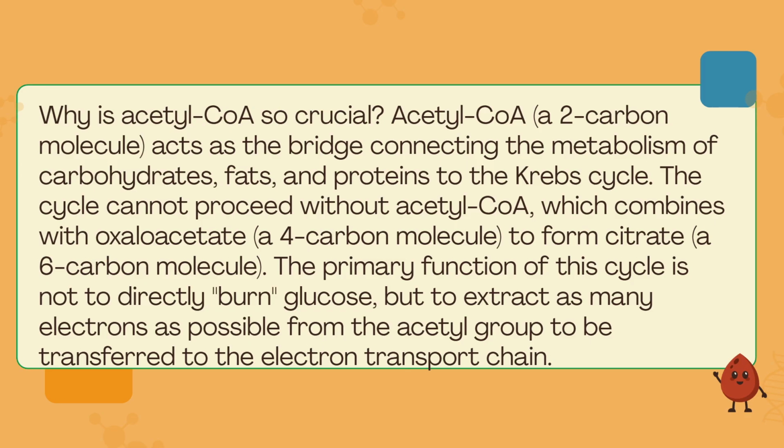The cycle cannot proceed without acetyl coenzyme A, which combines with oxaloacetate, a four carbon molecule, to form citrate, a six carbon molecule. The primary function of this cycle is not to directly burn glucose, but to extract as many electrons as possible from the acetyl group to be transferred to the electron transport chain.